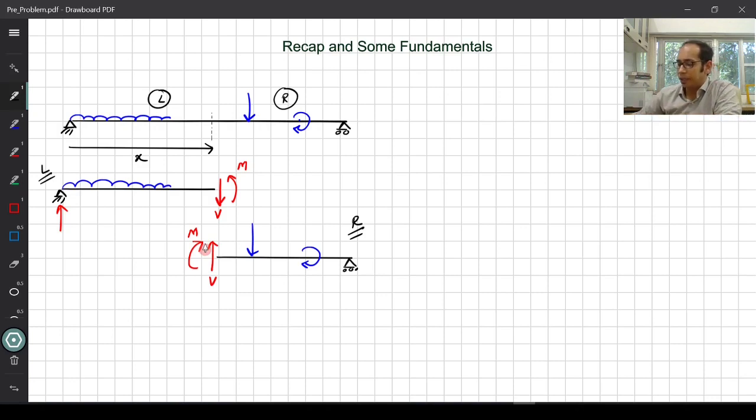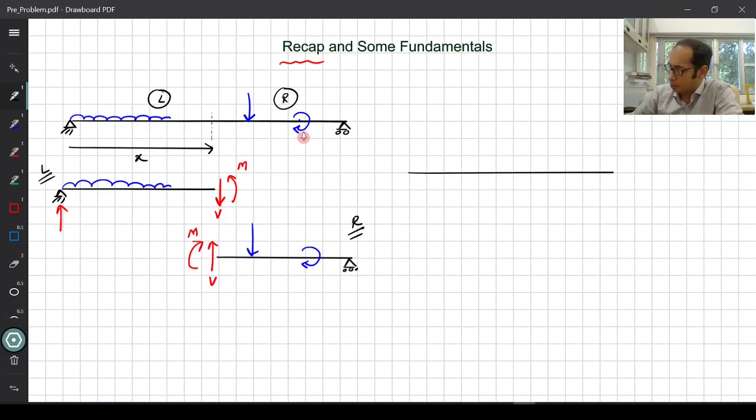Okay, so this was mostly the recap part. Now in addition to this, some very basic fundamentals which we have somewhat looked at in our introductory lecture. For example, suppose you have a beam, so let's draw a simply supported beam again.